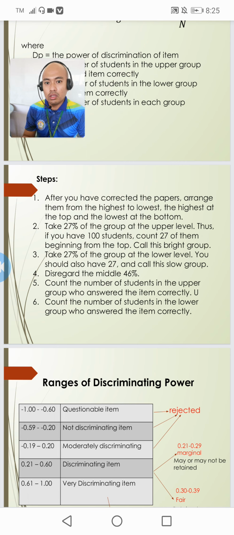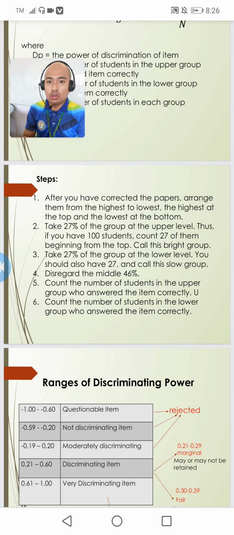Okay, so in number 5 step, what we will do is to count the number of students or count the number of individuals who are members of this bright group who got the item correctly. Okay, ganun din dito sa lower group. Count the number of individuals who got the items correctly. Take note of that.